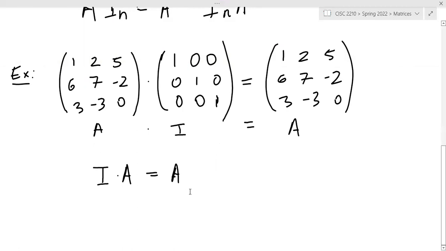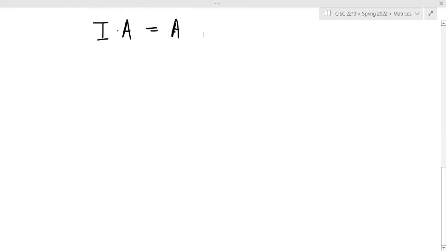All right, so that's the idea of the identity matrix. Now we have a related idea of matrix inverse. So let's look at the analogy for real numbers. Given a real number like 3, there is another real number where if I multiply it by 3, I get the identity.